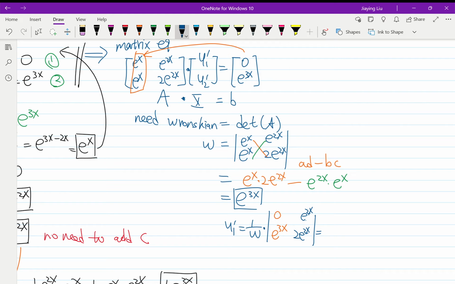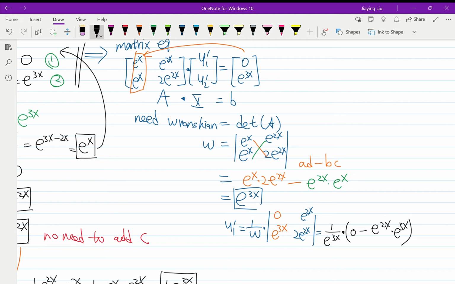And then we're going to plug in the Wronskian and calculate the determinant. So that's going to be 1 over e to the 3x times the determinant of this one, which is actually a lot easier to calculate because you always have a 0. So one of the diagonals becomes 0. In this case it's AD, so that's a 0, minus this diagonal: 0 minus e to the 2x times e to the 3x.